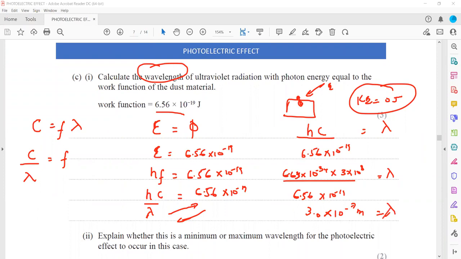So the wavelength of the light associated with this frequency is 3 times 10 to the power minus 7 meter.